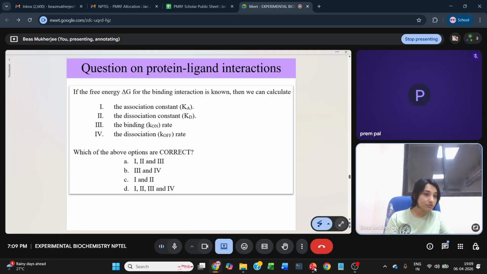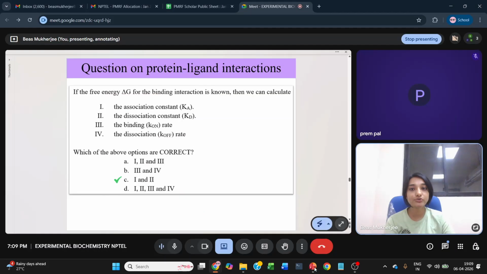Then if you know KD, you will know Ka. But can you know the binding K on and K off rates? Let's look at the right answer. You can know 1 and 2, because you will know the ratios K off by K on and K on by K off. But you will not know the exact K on and exact K off from KD.